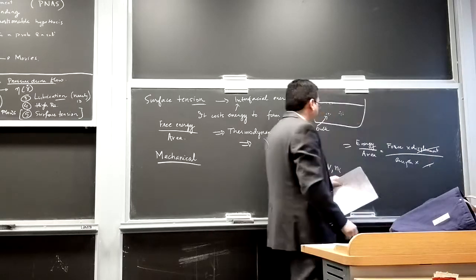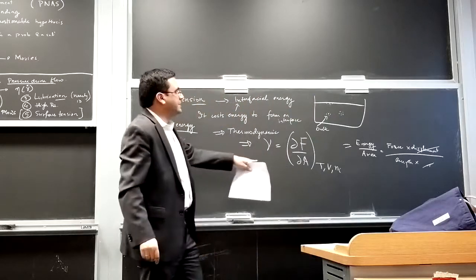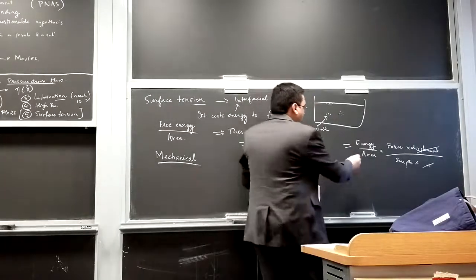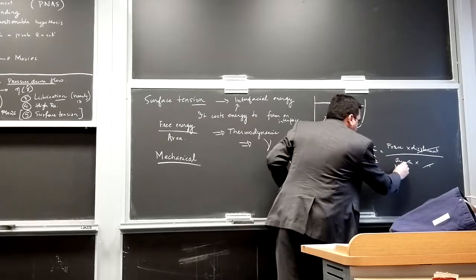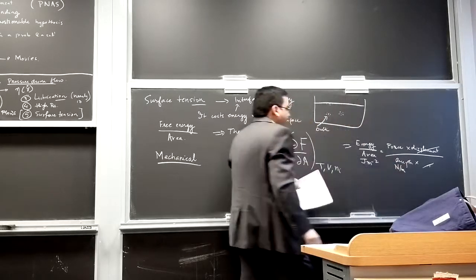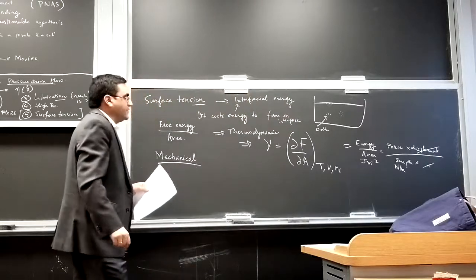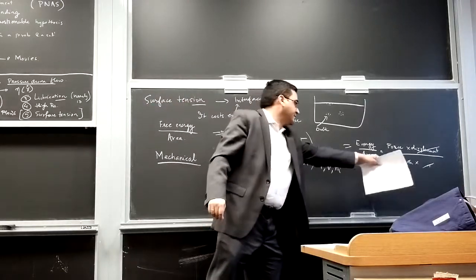So force per unit length has the same units as energy per unit area. This is joules per meter squared, this is Newton per meter, and both units are used for describing surface tension.